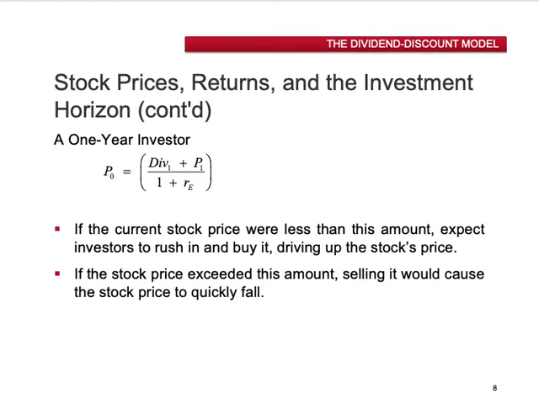When all the investors have the same beliefs, and if the stock price is actually less than this amount, so it's undervalued, expect investors to buy it, which will drive up the stock's price. It also goes the other way around. So if all investors have the same beliefs and the stock price exceeds this amount, then it would be overvalued and selling it would cause the stock price to quickly fall.